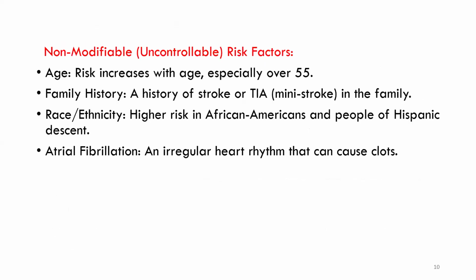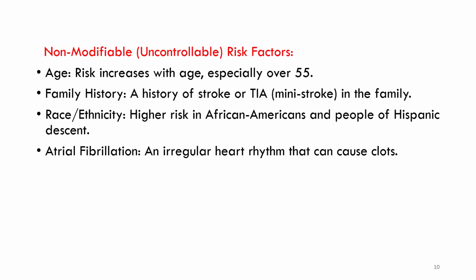We have also the non-modifiable risk factors. From the name, we cannot change or alter them. For instance, we have age: with advancing age, you become more prone to having stroke. We have family history: when there is a lineage of stroke in the family, one is bound to have a stroke in later life.